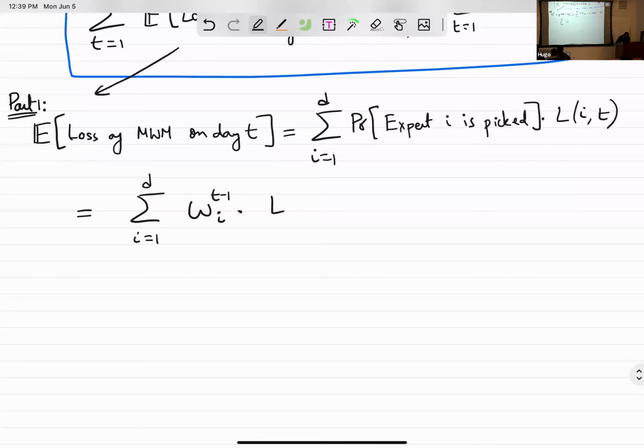Okay? And what is this L of I comma T? We defined it in some nice way. When we defined it, it was done intuitively, but you'll see it fits like a glove with the math.